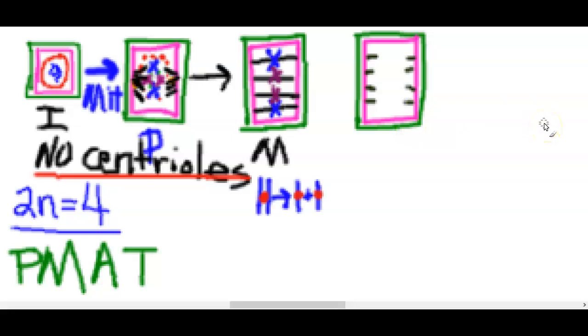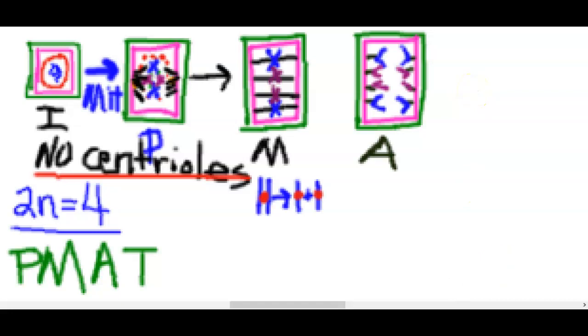So the sister chromatids are going to go apart in anaphase. So they're going apart. They actually do look kind of like this. So they're going apart. See, they're going apart.